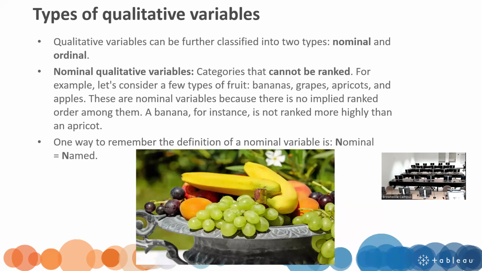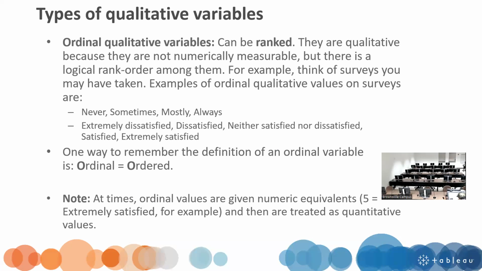We say for nominal variables, if it is associated with a name, that kind of helps us to say that's nominal. If it is a name, there is no ranking or order implied, we call it nominal. If it is a category and order is implied, we call that ordinal qualitative variable.